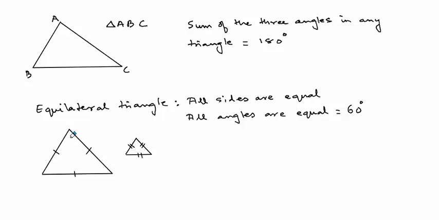But the point is, as long as it's an equilateral triangle, this angle is going to be 60 degrees, this angle is going to be 60 degrees, and this angle is also going to be 60 degrees, and the same with the smaller triangle. All 3 are 60 each.